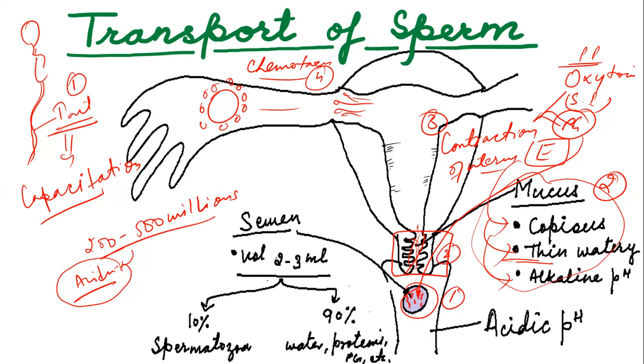The second scrutiny of the sperm is in the cervix, and further in the uterine cavity, some sperm are phagocytosed within the endometrium or the uterine cavity, and like this the number is reduced, and we can say only 200 to 500 of these sperm will reach the ova. So millions have been deposited, and only hundreds will reach the ova.